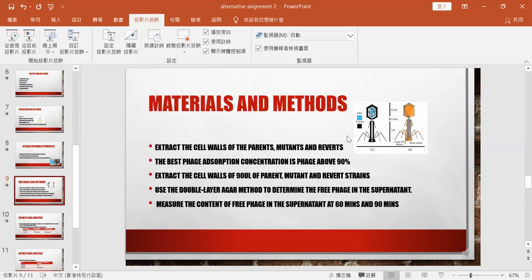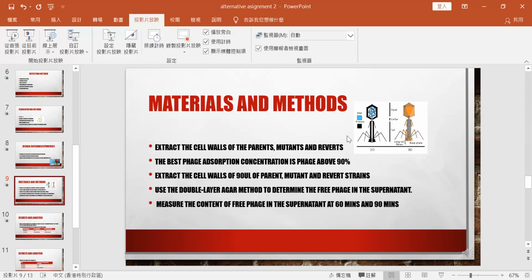After measuring the protein concentration, no matter what concentration we use, the cell wall and the degree of phage adsorption in the experiment will be over 90% of the phage. The protein concentration during cell wall adsorption is the optimal phage adsorption concentration. We can use this method to adjust the cell wall concentration of each strain.